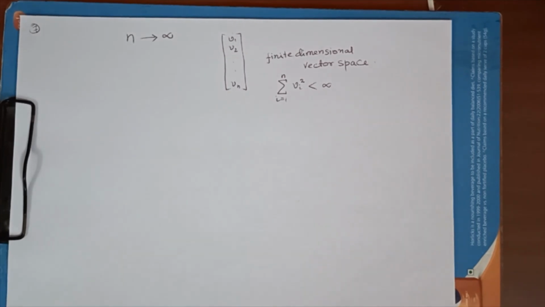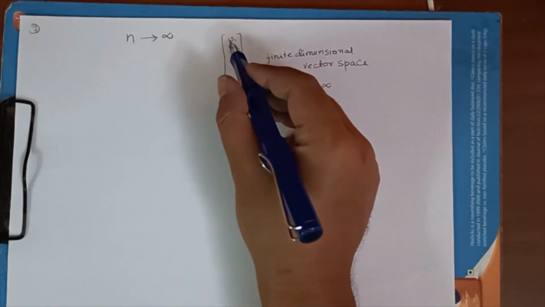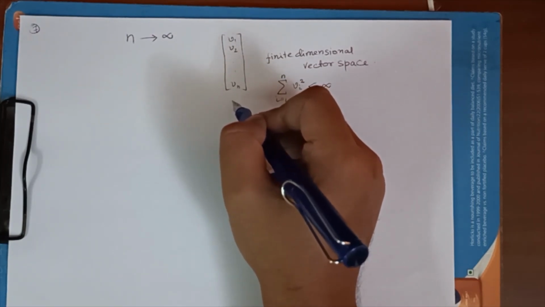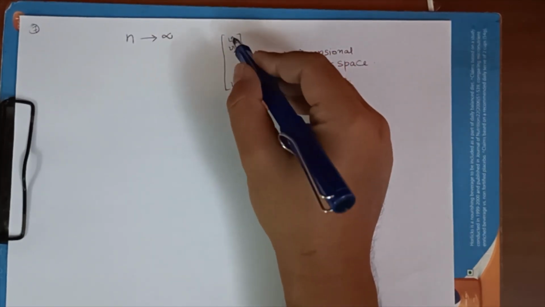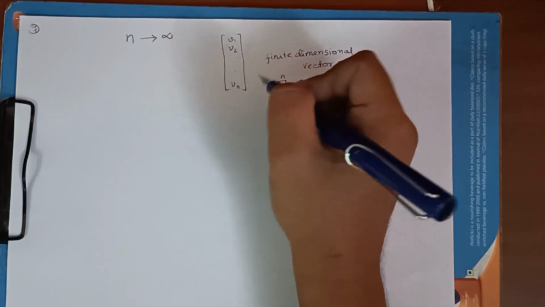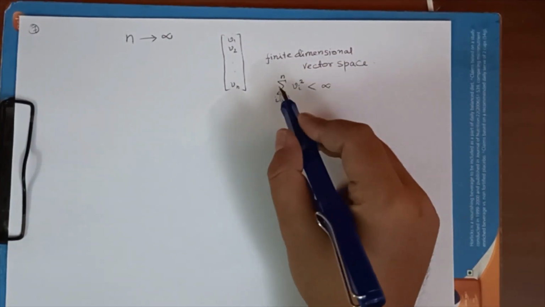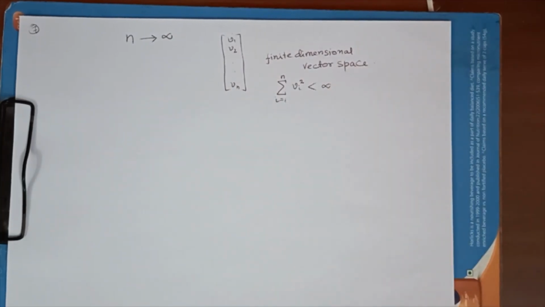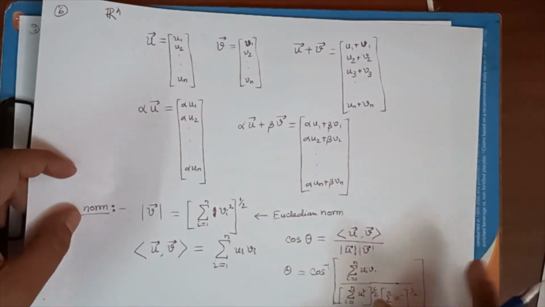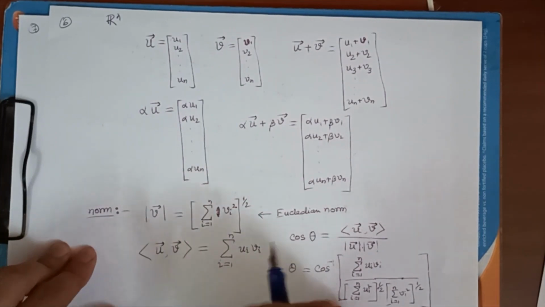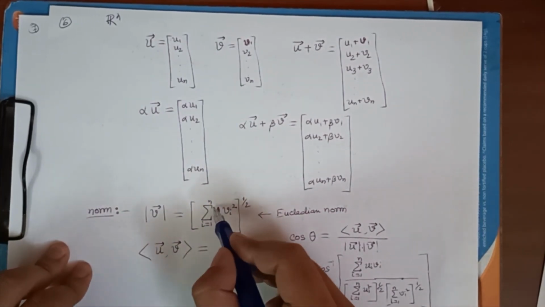You cannot have an infinite length vector in a finite vector space as long as the coordinate representations are finite. If all of v1 to vn are less than infinity, this will always exist. So our earlier definitions of inner product and norm are all well defined as long as n is less than infinity.